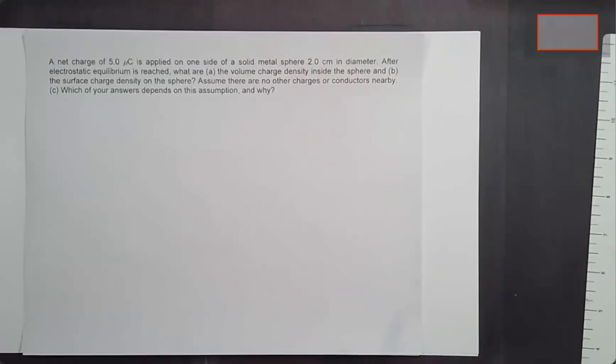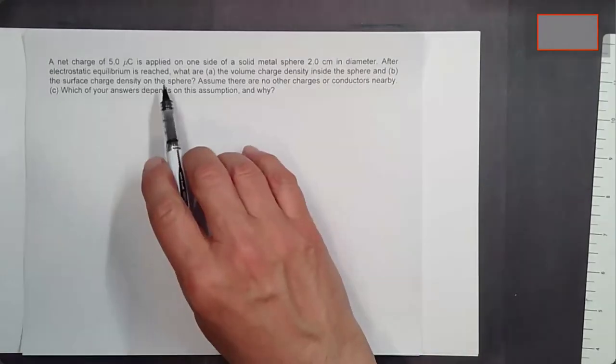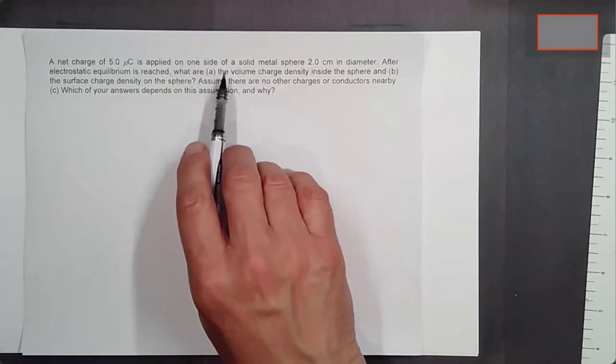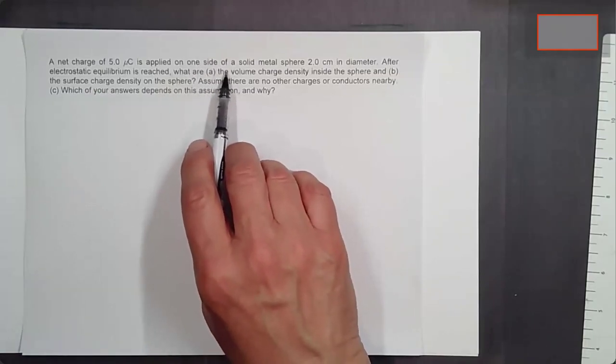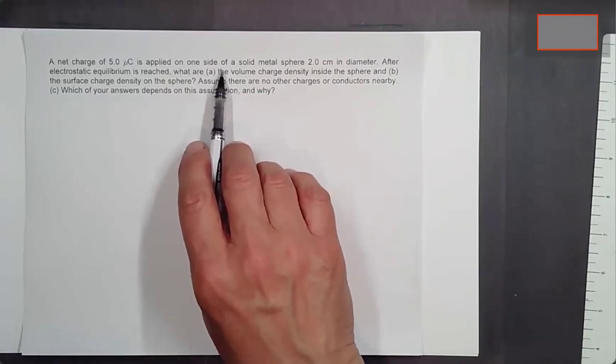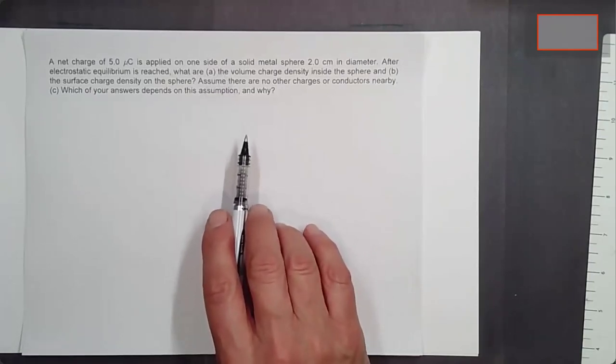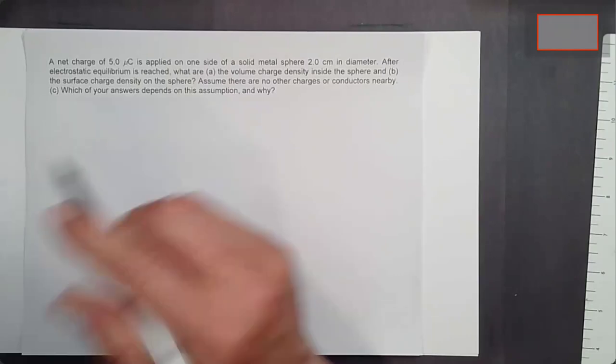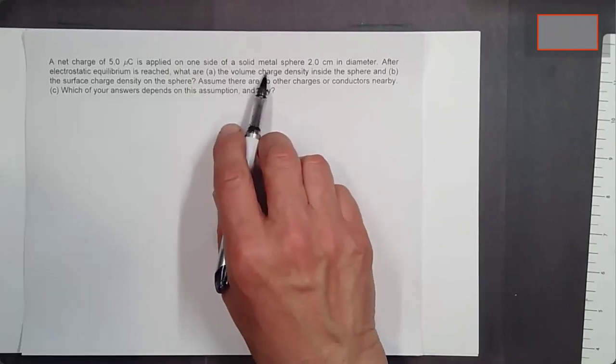Okay, this one, let's see, we have a net charge of 5 microcoulombs applied to one side of a solid metal sphere. Okay, solid metal sphere. That means if this is an electrostatic situation, there is no electric field inside that solid metal sphere.